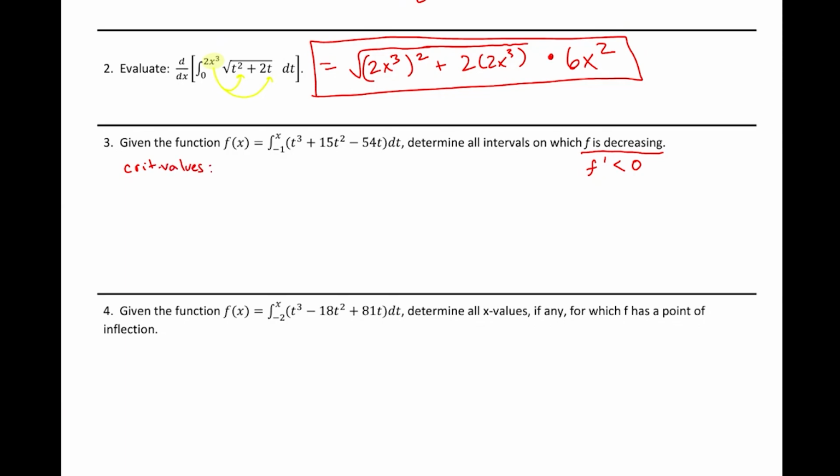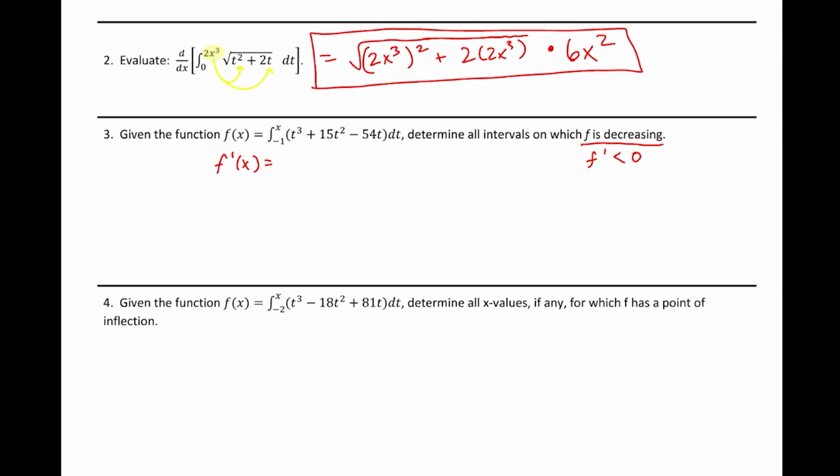Okay, and the critical values are going to occur anytime the derivative is equal to 0. So before we even get to those critical values, let's find out what the derivative is. So f prime is going to be defined as the derivative of this integral. Because our upper bound here is just x, I don't have to worry about multiplying by the derivative of x.